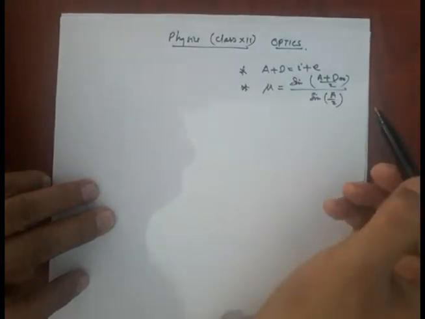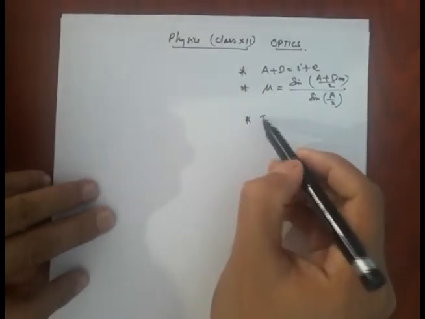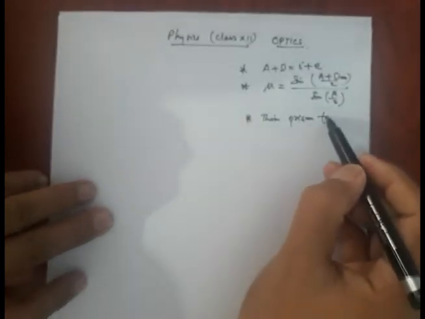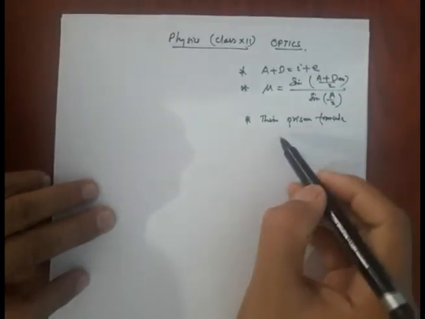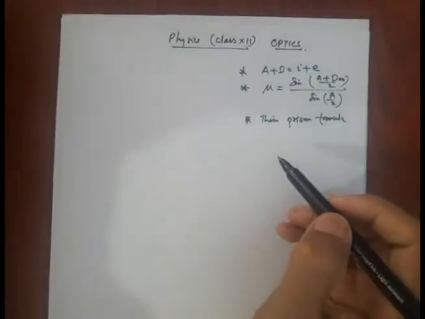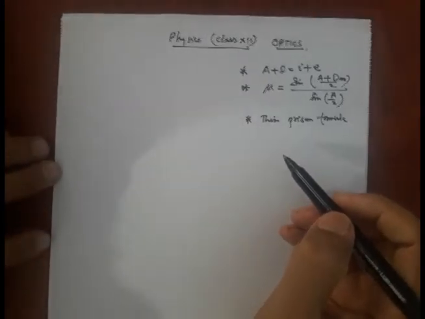This also we have done. And today we are going to see the thin prism formula. The thin prism formula is based on a prism which is considered to be smaller in size.